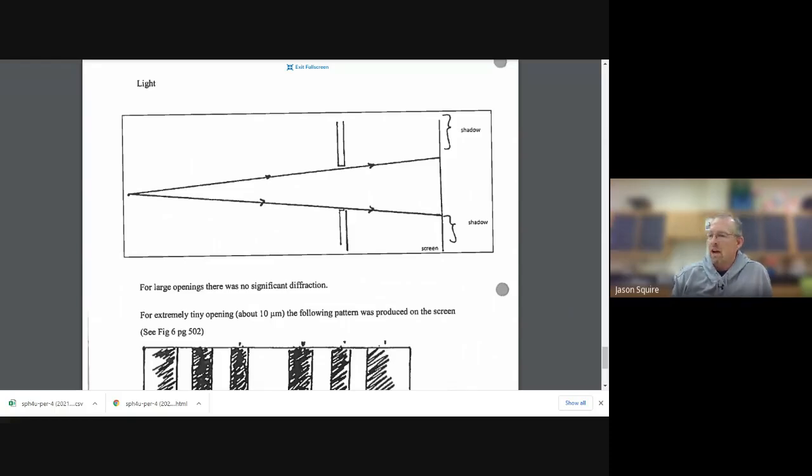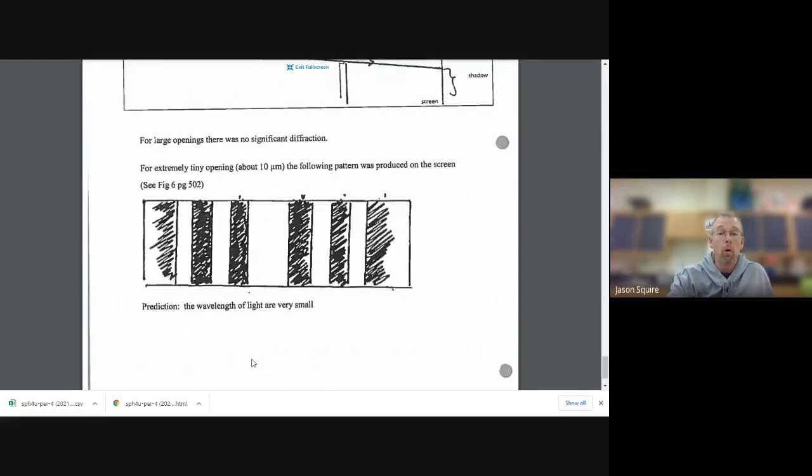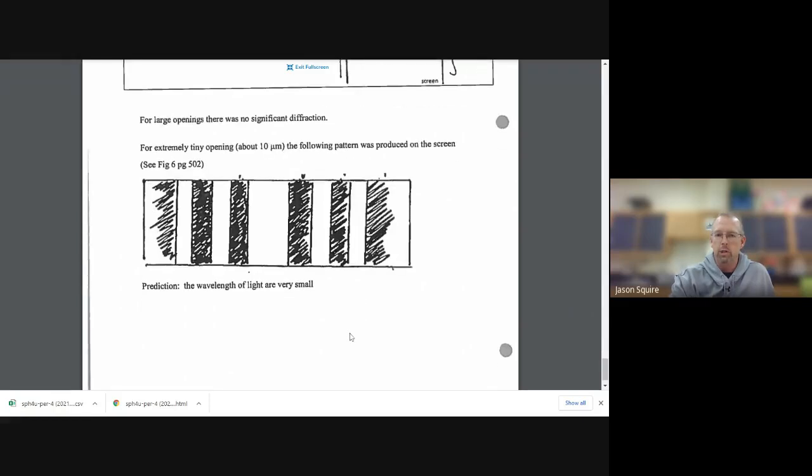The wavelength of a sound wave would be closer to the width of that doorway opening than the light waves are. Now, tomorrow we are going to look at diffraction of light, I think, okay? And I'm going to show you a pattern that looks like this. Don't worry too much about that right now, though.